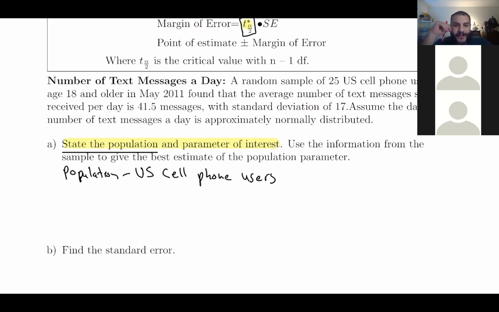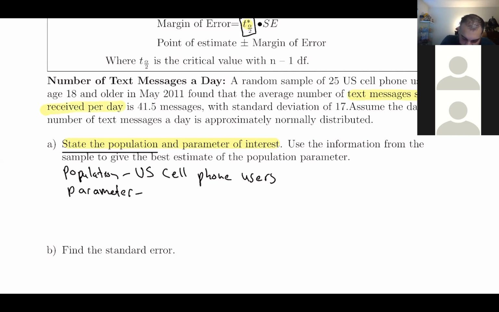Who's our parameter? So the parameter is just what information are they extracting from the cell phone users? So what are they asking the cell phone users? Well, if you read, it says text messages sent or received per day.